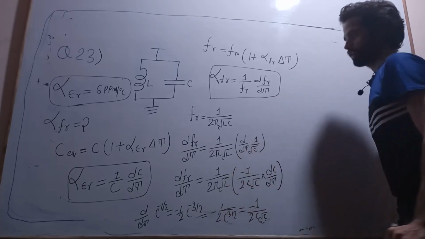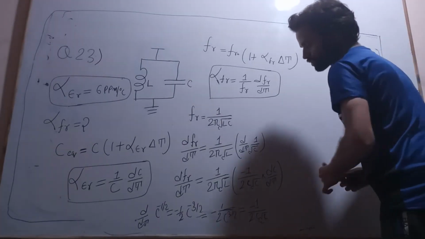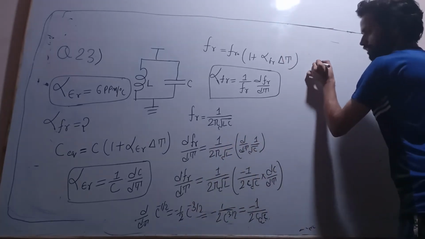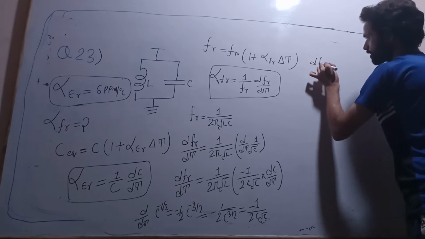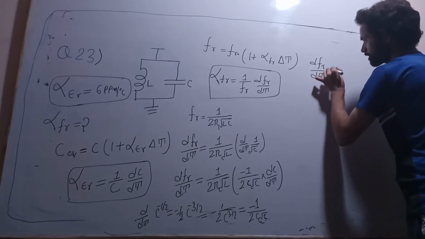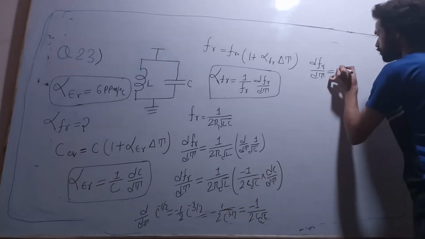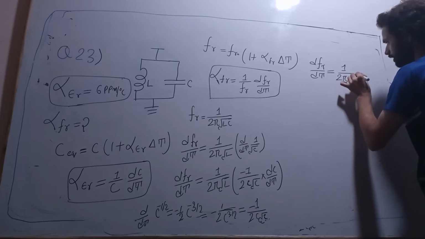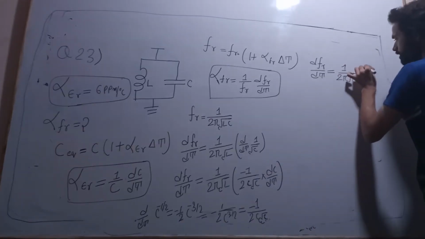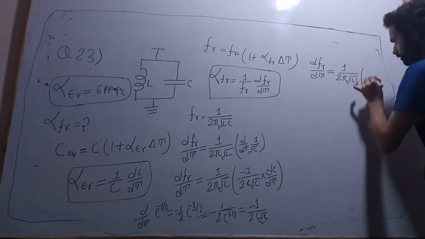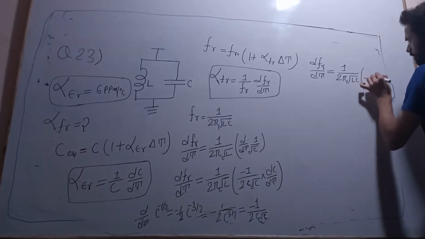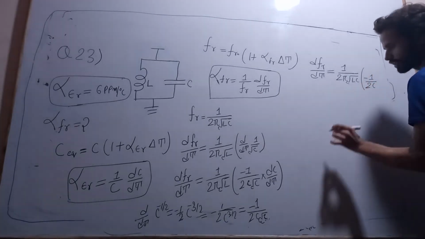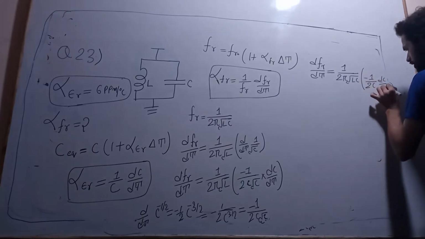Now just take this root C outside. dfr by dT is equal to 1 by 2 pi square root of LC, and inside there is minus 1 by 2C into dC by dT.